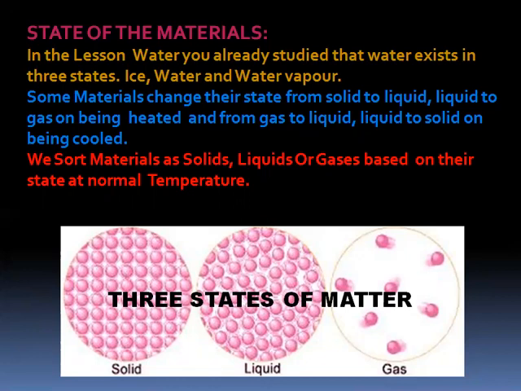You know this. We sort materials as solids, liquids, or gases based on their state at normal temperature. So here heating or cooling is not required. At normal room temperature, if they are liquid or solid or gas, then we say that they are solid, liquid, gas.